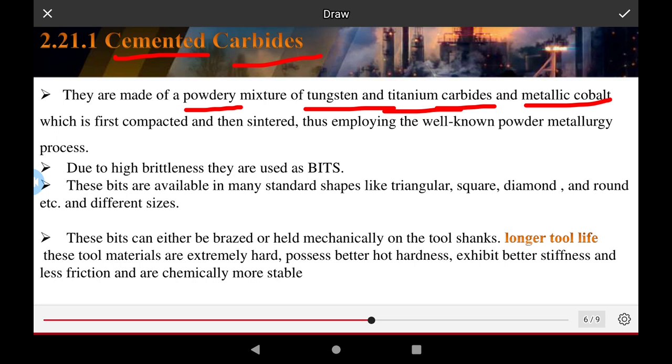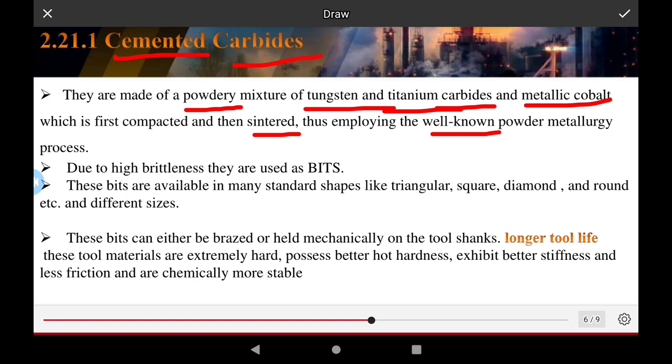This is first compacted and then sintered, employing the well-known powder metallurgy process. Due to high brittleness, they are used for bits.